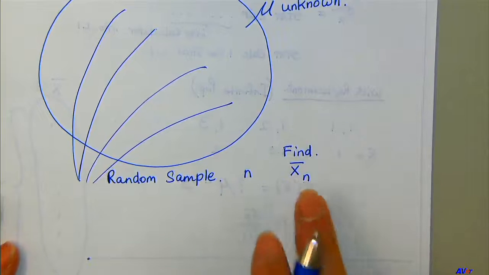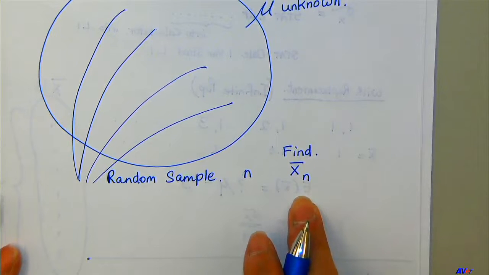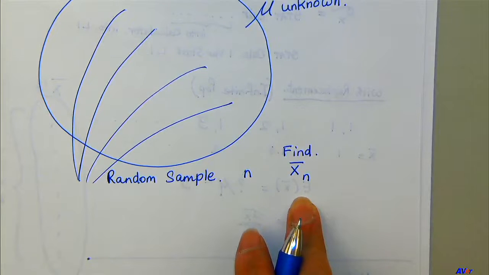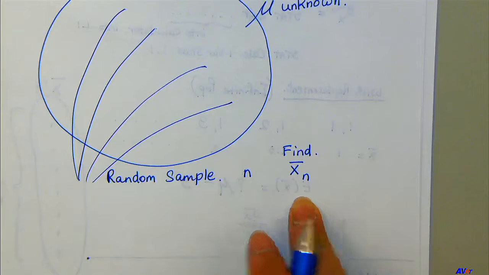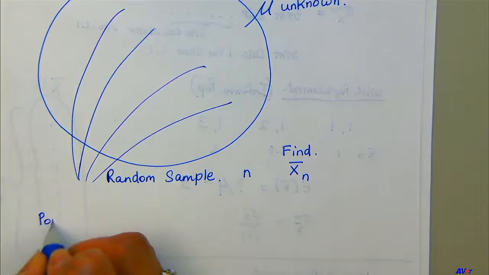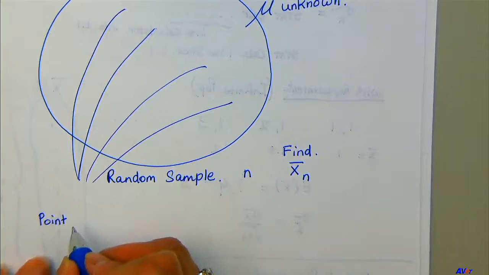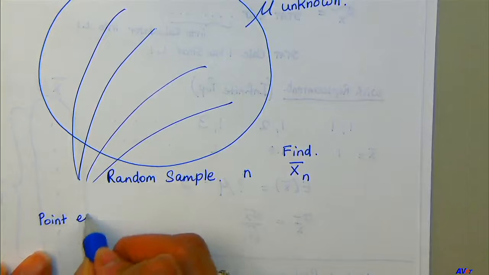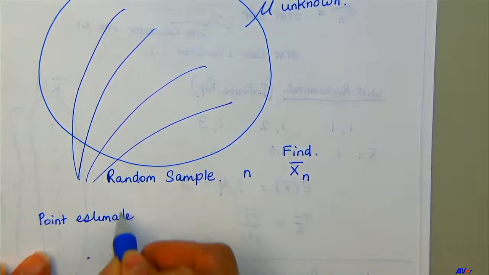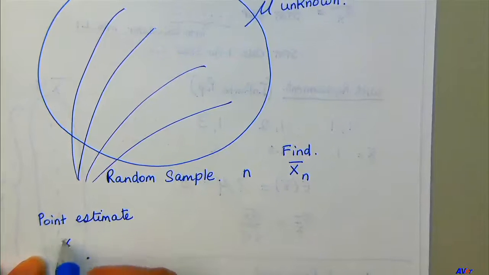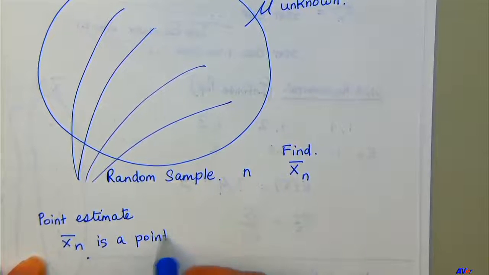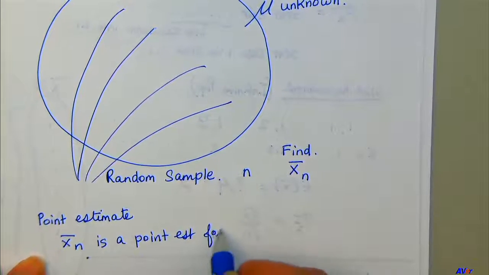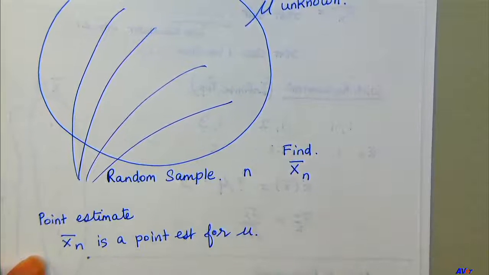This is the statistic that estimates mu, right? We already know that. X bar n serves as an estimate for mu. This is called a point estimate. So the first way to estimate mu is by a point estimate. So x bar n is a point estimate for mu, this unknown population mean.